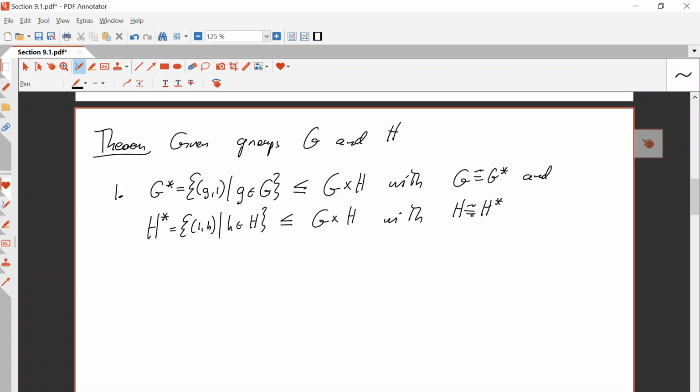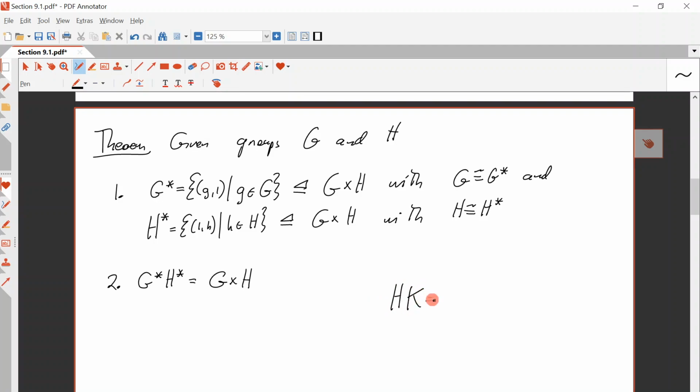Even more than that, not just a subgroup, it's a normal subgroup. These are both normal subgroups. Now remember, for subsets of a group, you can multiply them together.